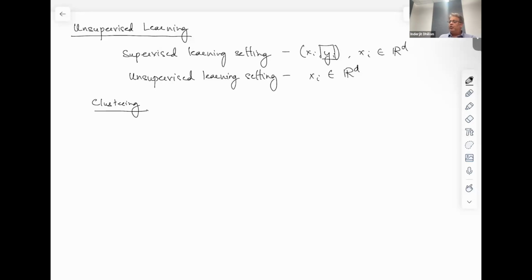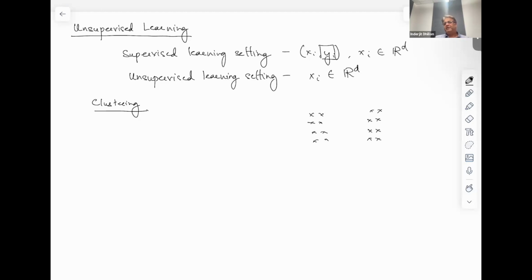Let me just ask you, suppose I have these points, and notice that I'm not putting any crosses and O's. So there's no supervision. The data does not come with any Yi's. If I ask you how many clusters in the data you see, I think most people would say there are two clusters, one corresponding to this set of points, and the other corresponding to this set of points.